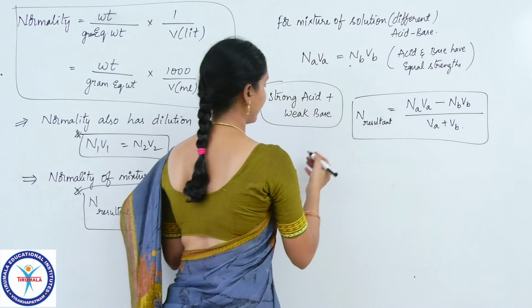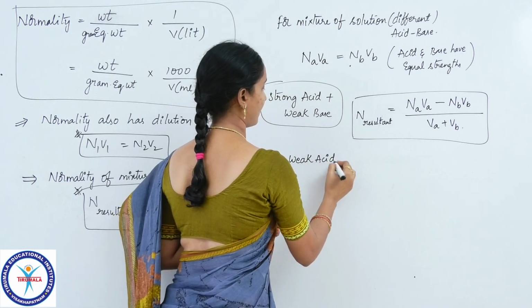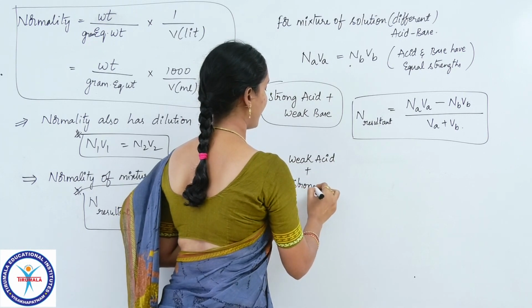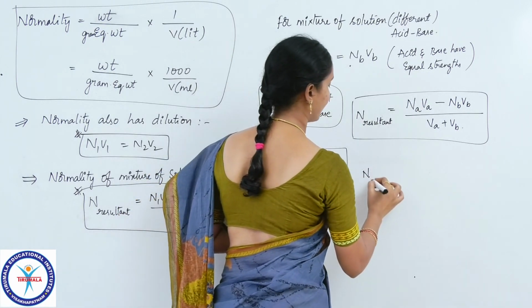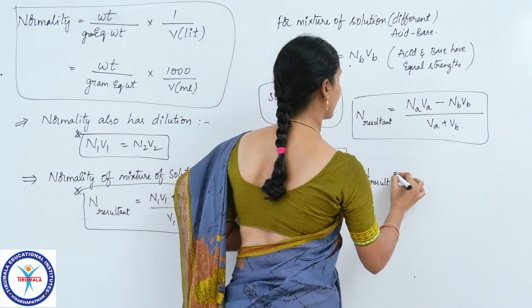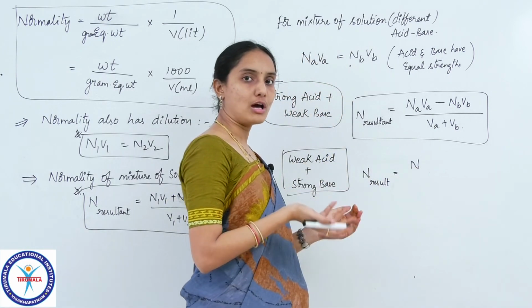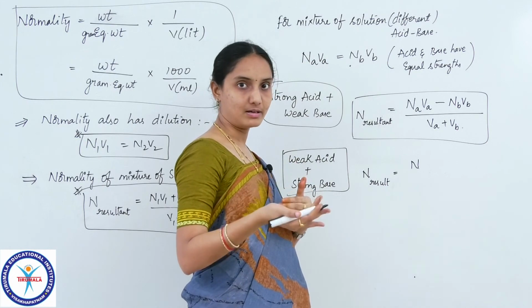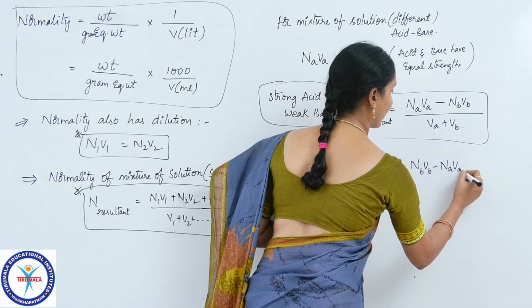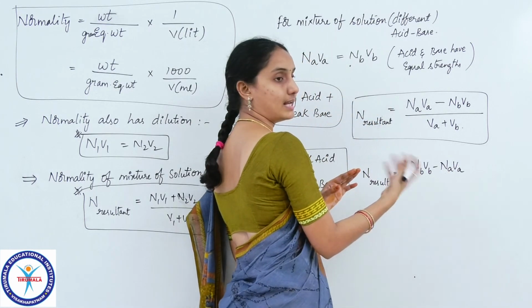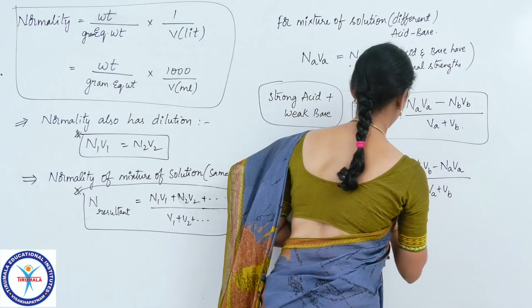In the next condition, that is weak acid plus strong base, where base is stronger, N resultant becomes: now base is strong, so the product of normality and volume of base will be the greater value. So NbVb - NaVa you have to take, because we always subtract the lesser value from the greater value, whole divided by Va + Vb.